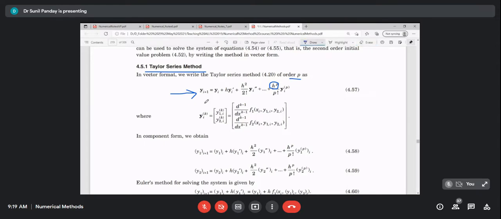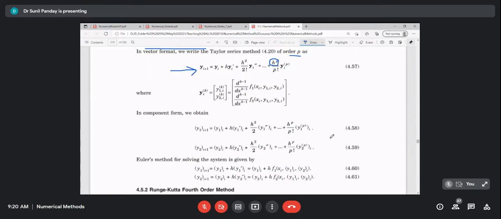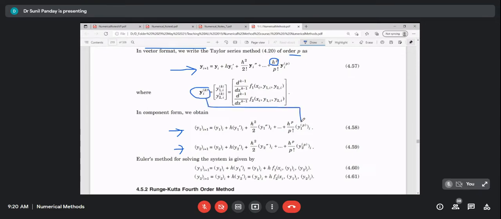And then this is the way they have represented it, y1ik, which represents the k minus 1 time differentiation of f1(x, y1, y2) with respect to x, and similarly y2k is the k minus 1 time differentiation of f2(x, y1, y2), and then you have this kind of approximation.